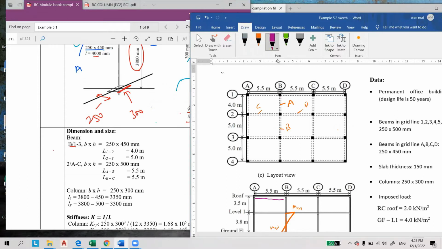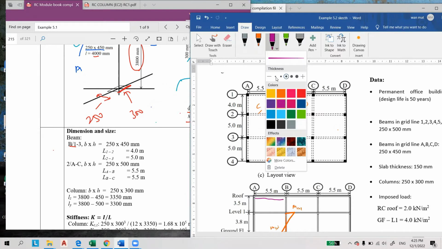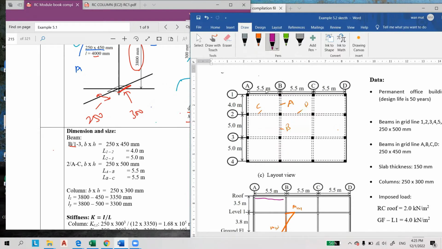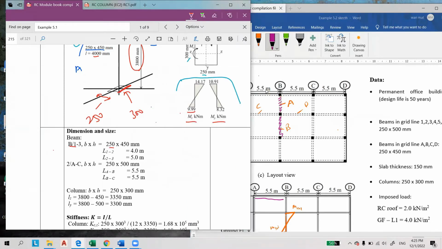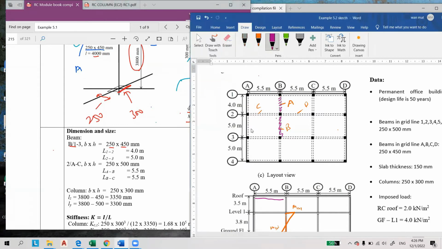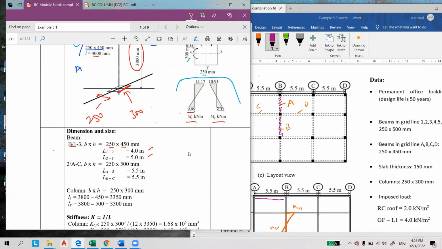So this is the beam. The dimension is 250 times 450. The length from 1 to 2 is 4 meter, and from 2 to 3 the length is 5 meter, as shown here.